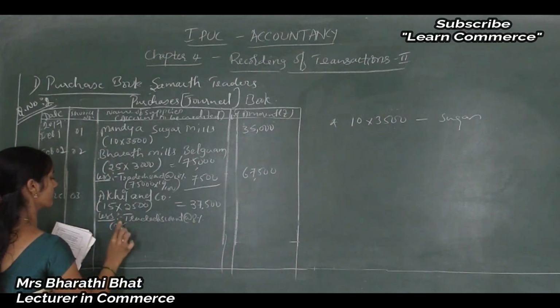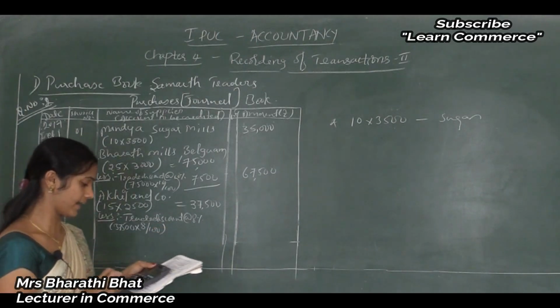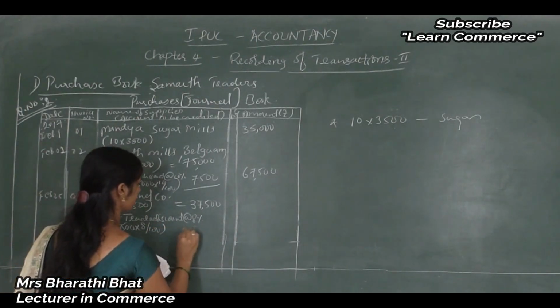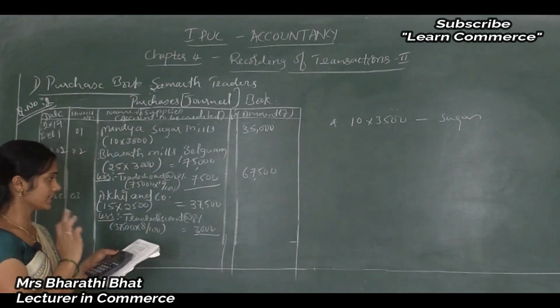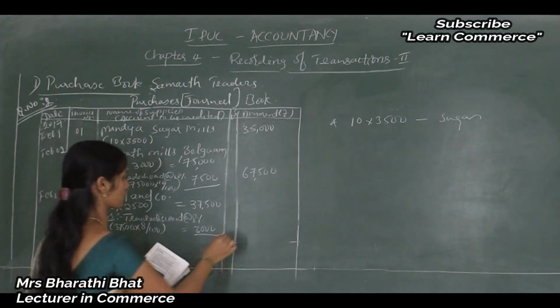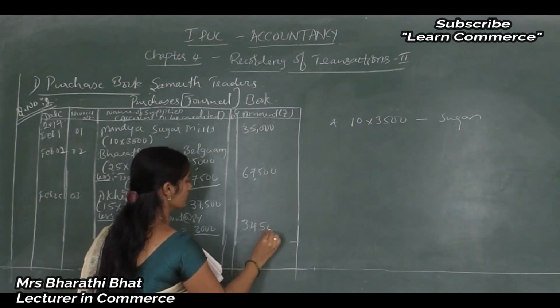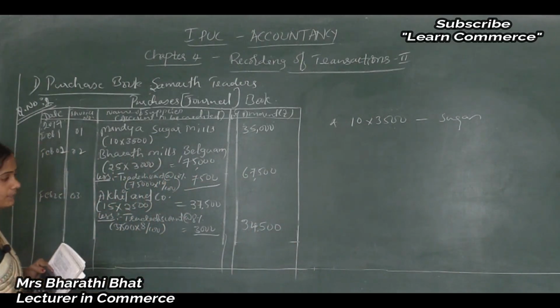So 37,500 into 8 by 100, 3,000. So now 37,500 minus 3,000, 34,500 in this amount column.